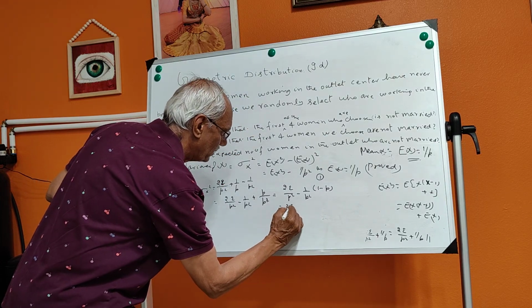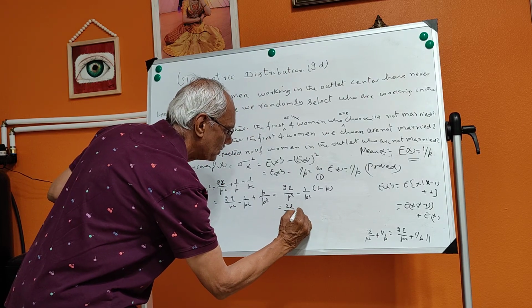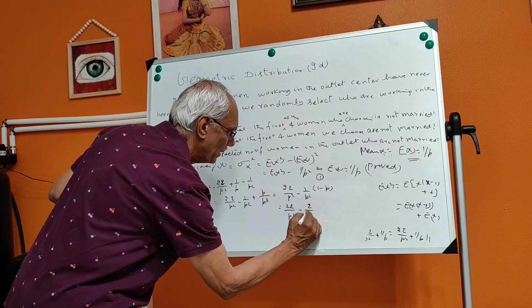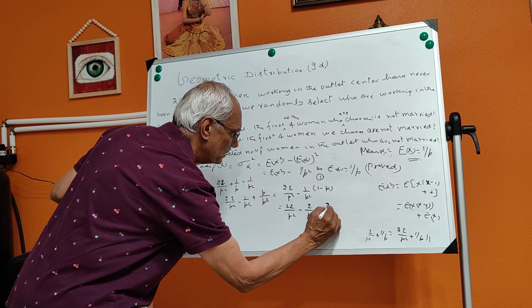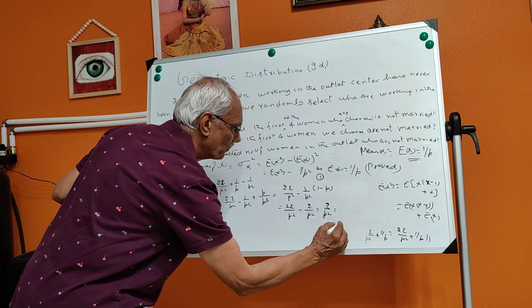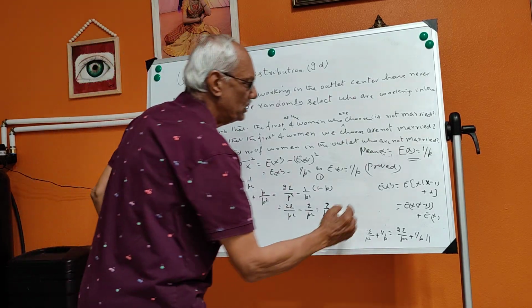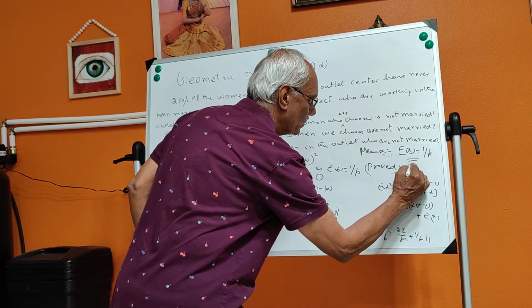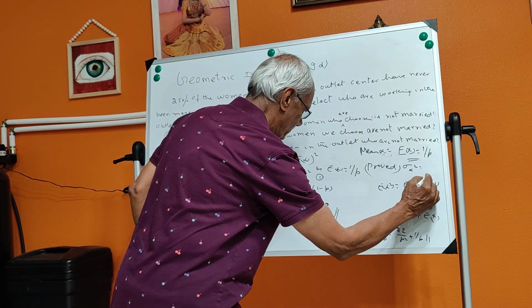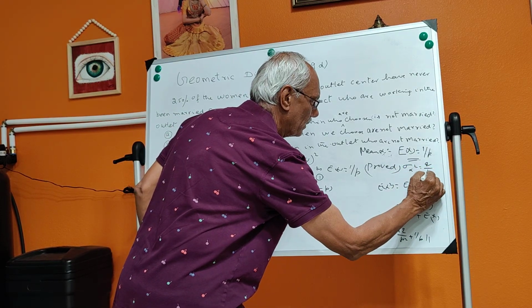So this is nothing but 2q by p squared minus q by p squared. So this gives you q by p squared. So what is your variance now? It is equal to q by p squared.